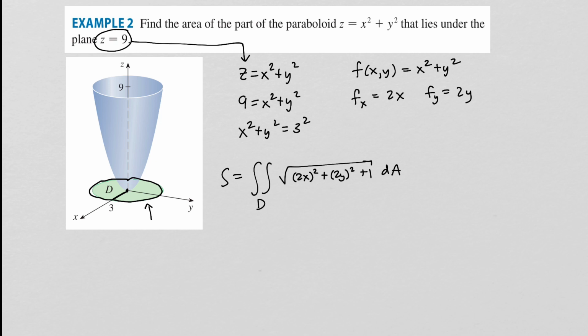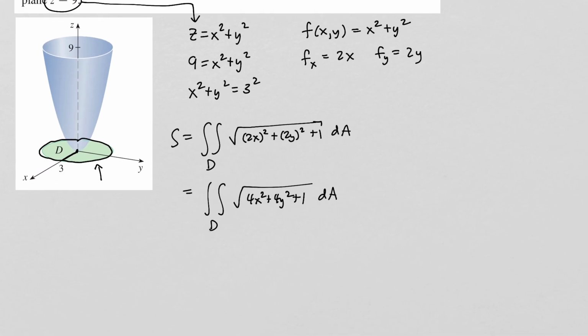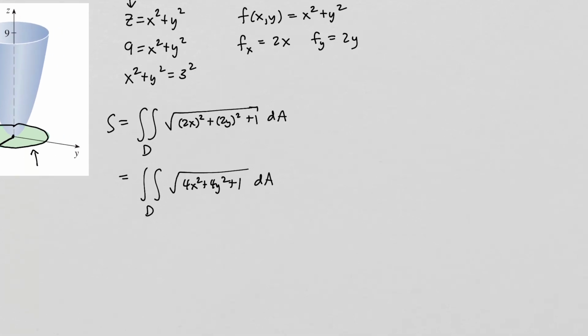Okay, if you multiply this out, you're going to get the double integral of the square root of 4x squared plus 4y squared plus 1 dA. But we know anytime we're integrating over a circular region, it is almost always easier to use polar coordinates.